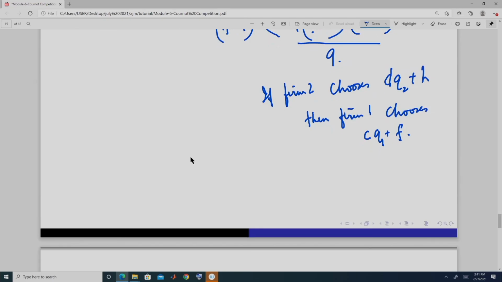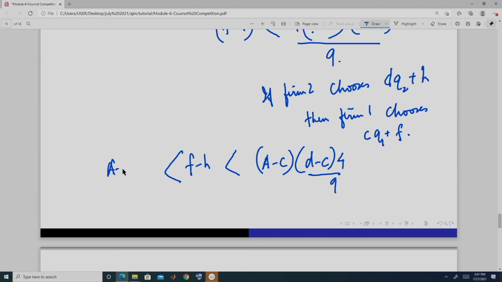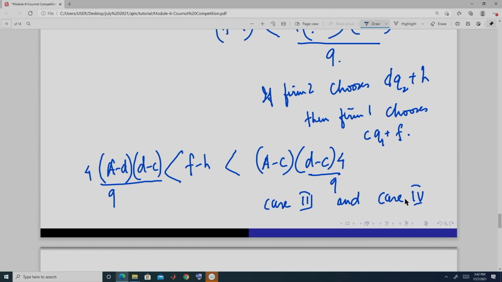So, we get that if this is less than A minus C, T minus C 4 by 9, and if this is greater than A minus T into D minus C, if it lies here, then the outcome is either case 3 or case 4. Both can happen.